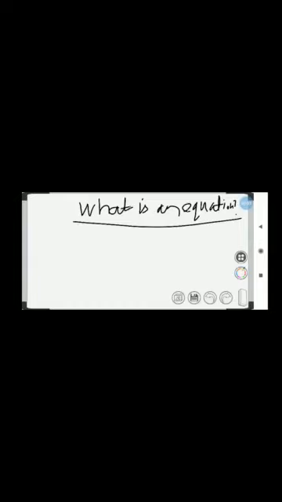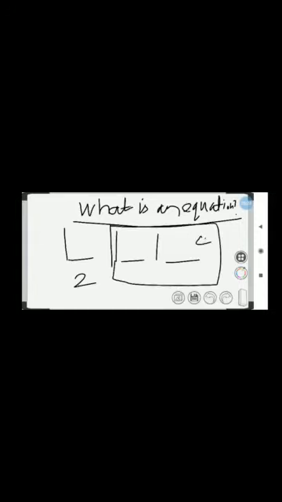First, students, in the beginning of the lesson I asked a few questions. For example, for making 1 L, how many matchsticks are needed? 2. For making 2 L, 1, 2, 3, 4, so 4 matchsticks.